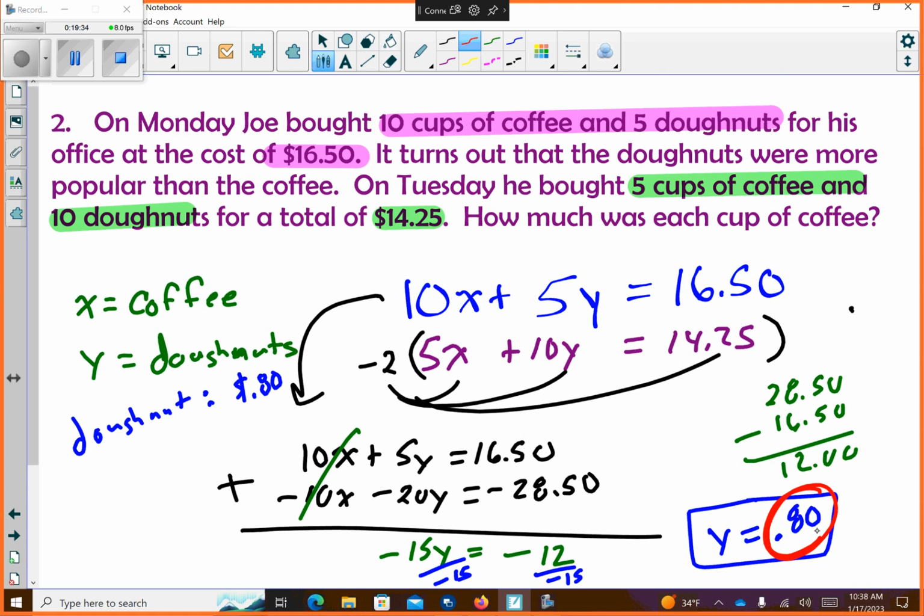Or I could plug it in here, and I can go 10 times 0.8. Which one's better? 5 times 0.8 or 10 times 0.8? 10. So I'm going to plug it in right here. All right. So 5x. Hey, what is 10 times 0.8? 8.